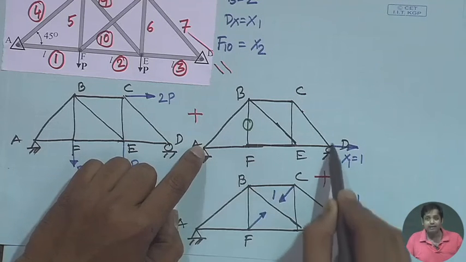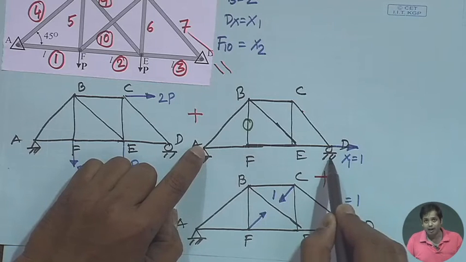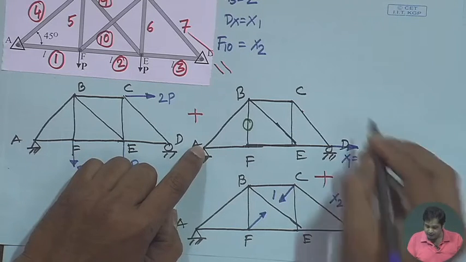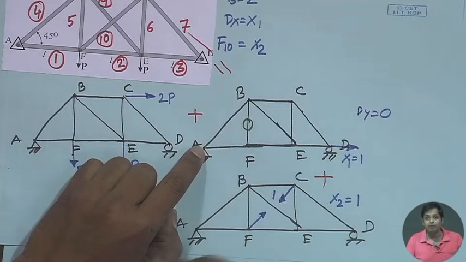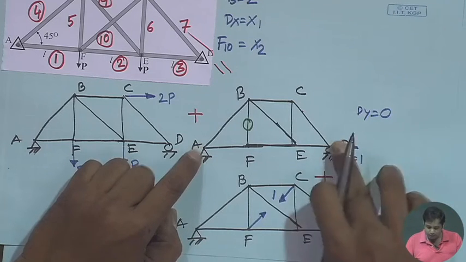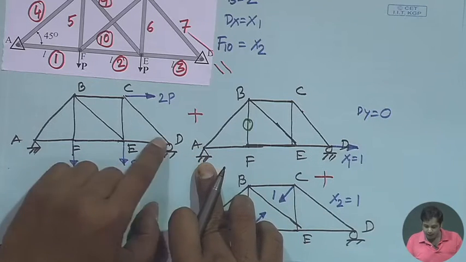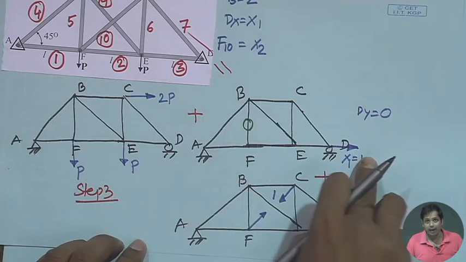So the reaction at point D, Dy, will be 0. So for this case Dy will be 0. Since Dy is equal to 0, Ay will also be 0 and Ax will be 1.